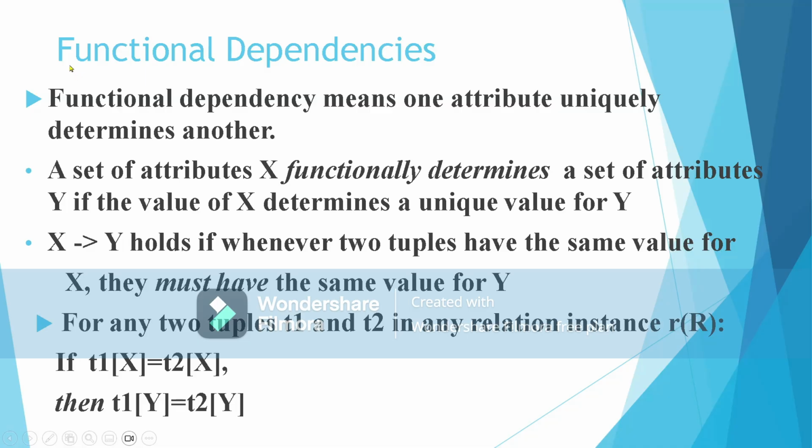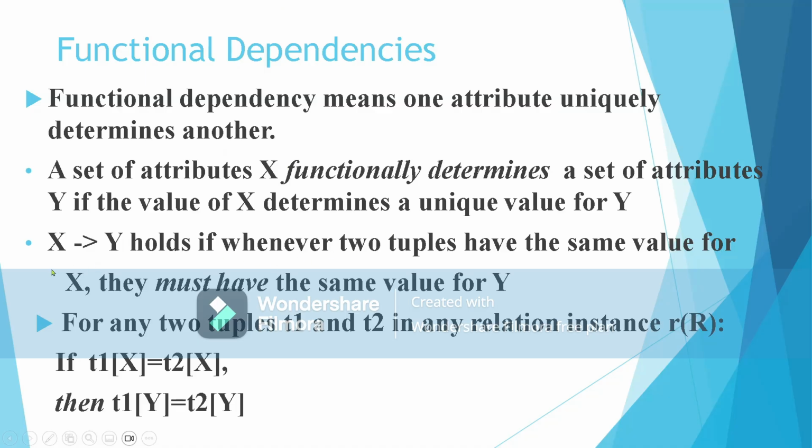Now the next point is functional dependency. Functional dependency means one attribute uniquely determines another. So here you can take a simple example: if I know the student ID, I can identify the name of the student. Means student ID uniquely determines the name of the student.